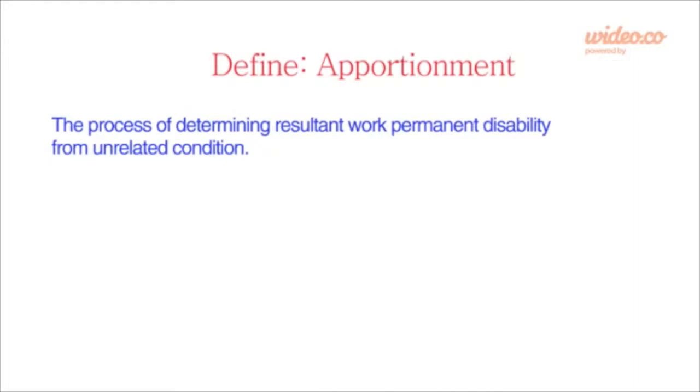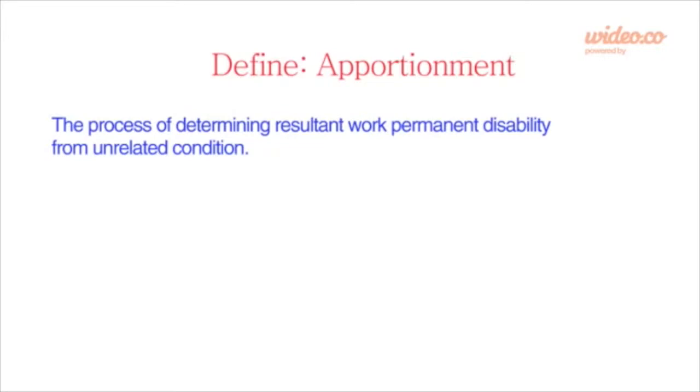Well, when that work injury becomes MMI, in California, the employer only pays for permanent disability caused by work. So the process of sorting out permanent disability from pre-existing conditions or illnesses from a work-related permanent disability is the activity we call apportionment.